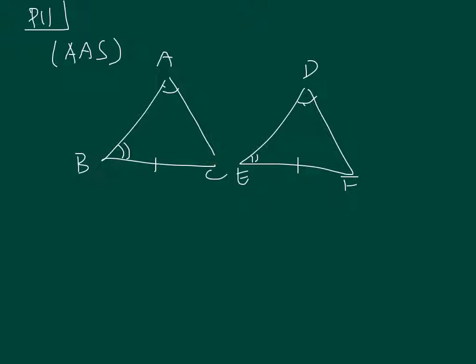Because we can find out the third angle of a triangle by knowing the other two angles. Therefore, AAS is pretty much the same as ASA, right? Because the third angle, we should know that angle. Okay, that's why. So please write that formally as a proof.